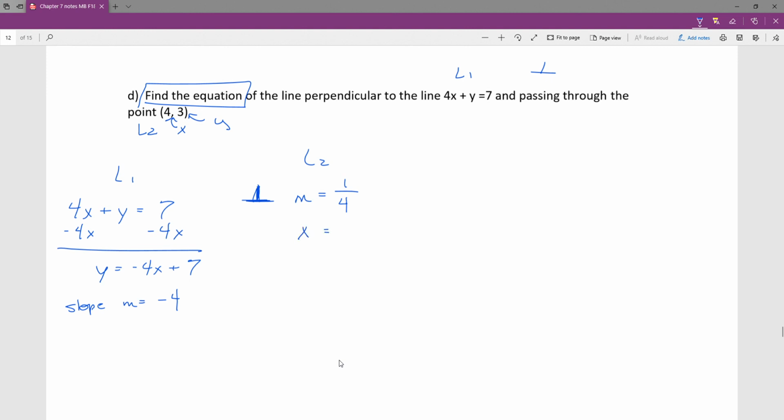My x is going to be 4, my y is going to be 3, and the b is what I don't know. I go back to y equaling mx plus b because it's awesome, and I sub everything that I know into it to solve for b.